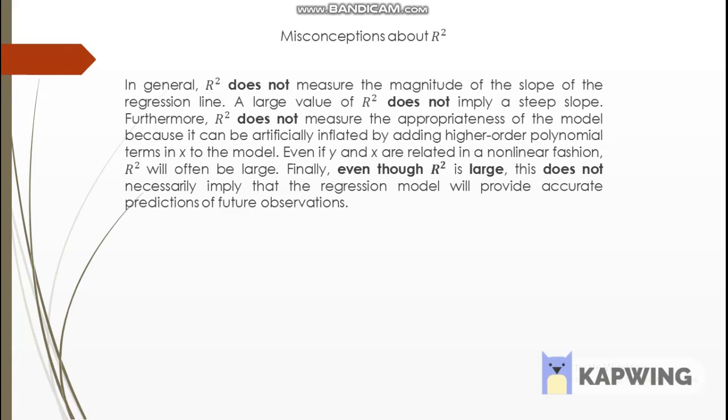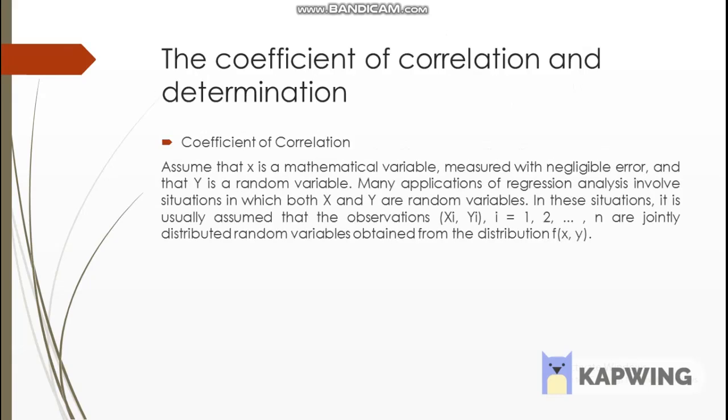Next is the coefficient of correlation and determination. Coefficient of correlation assumes that X is a mathematical variable measured with negligible error and that Y is a random variable. Many applications of regression analysis involve situations in which both X and Y are random variables.